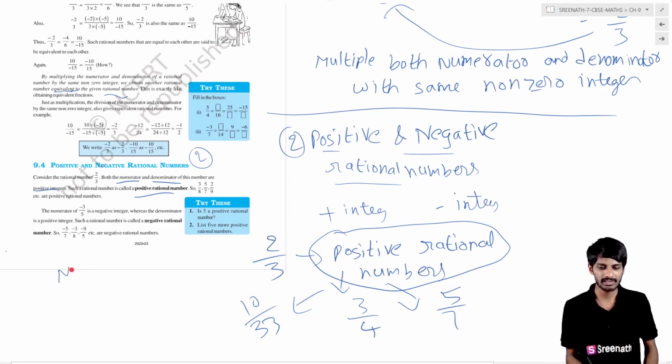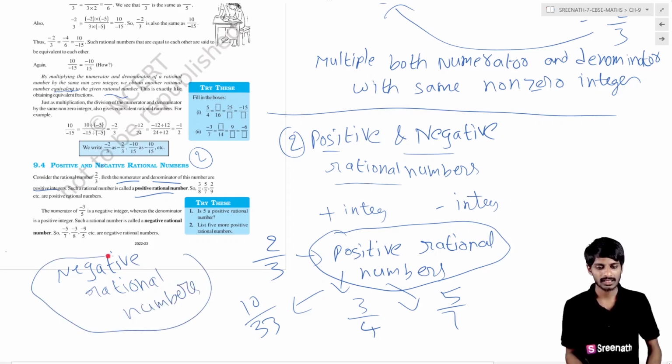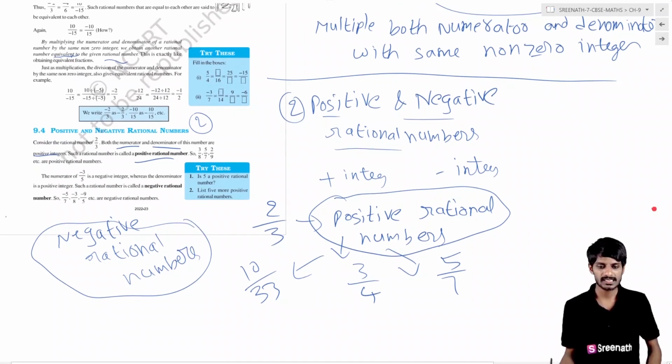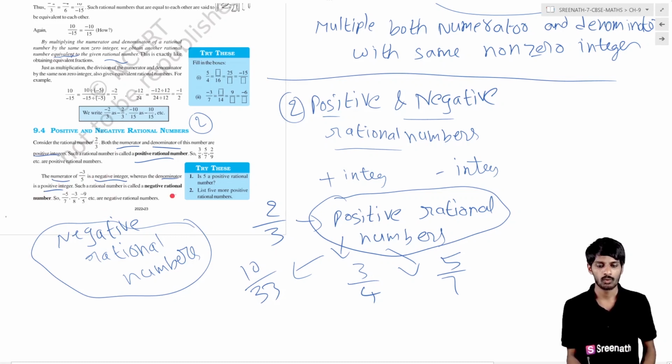Then what are negative rational numbers? Whenever the numerator is a negative integer and the denominator is a positive integer, we call that a negative rational number.